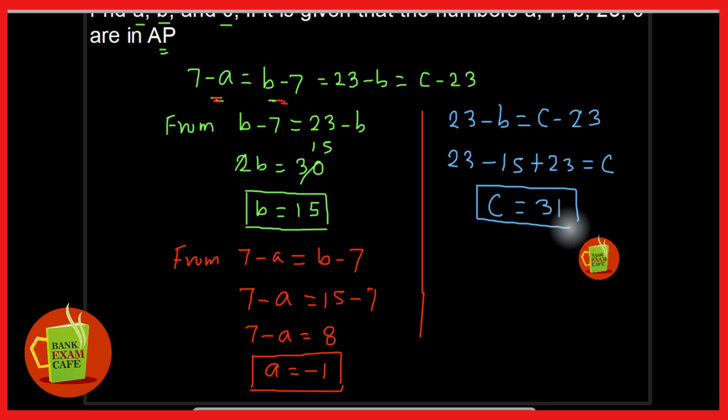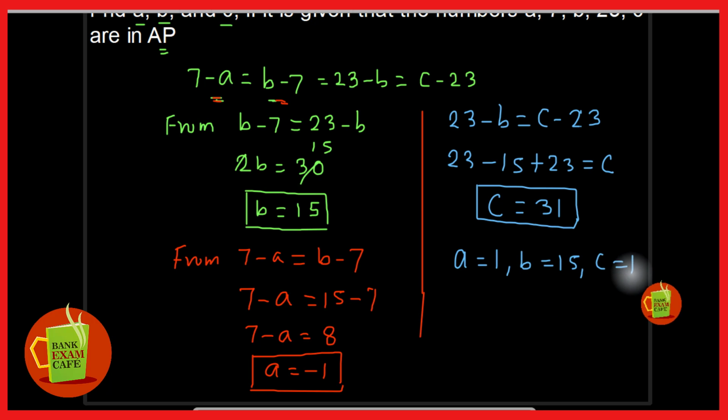Highlight this important step and at the end write the answer that A is equal to minus 1, B is equal to 15 and C is equal to 31.